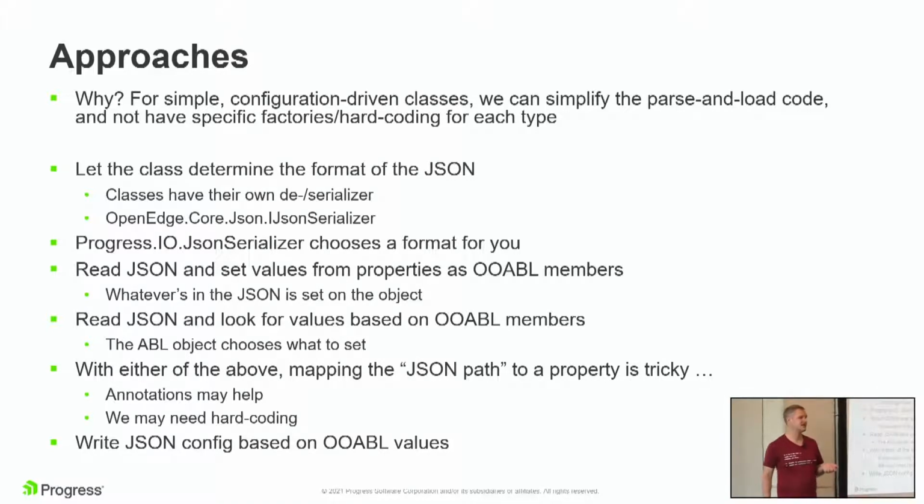It's just ugly as sin. It just doesn't look like anything you'd want, because it writes it out in the internal Progress format, which has a whole bunch of bookkeeping in it. Things like a version number. If you have two properties which hold a reference to the same object, we only write the one object out, and we just say this one is the same as that one. You don't really need to know that in your code. It chooses a format.